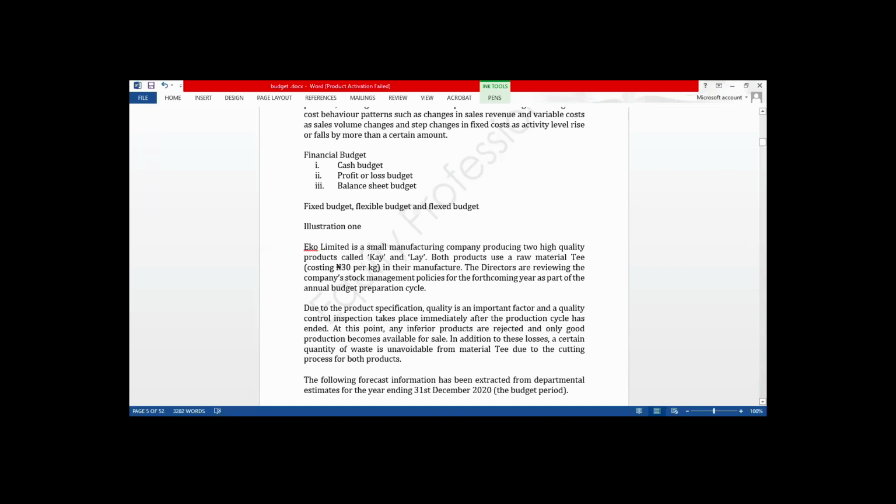First is your fixed budget. That is what the company originally intends to achieve. For example, let us take Nigerian Bottling Company. Assuming you work with Nigerian Bottling Company, and we have a budget session where your MD is seated, and at that budget session, the company agrees that coming 2026, we want to achieve a sales volume of 12 billion bottles of Coke.